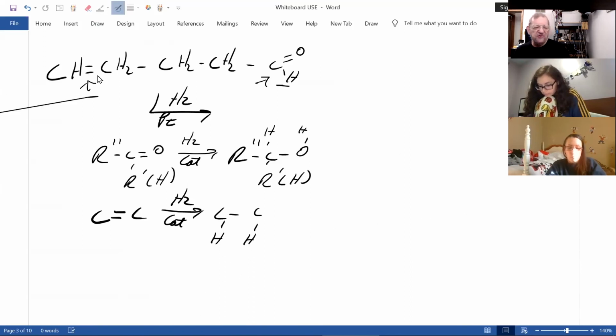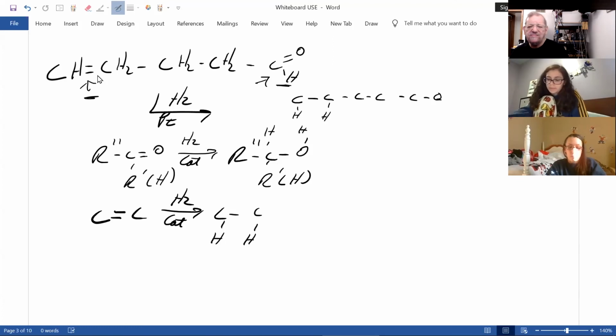Well, if I don't want to lose the double bond, this is the wrong reaction to run, because I may get some of this, I may lose this, not react that, and what I probably will get mostly, or a good amount of, is this alcohol.